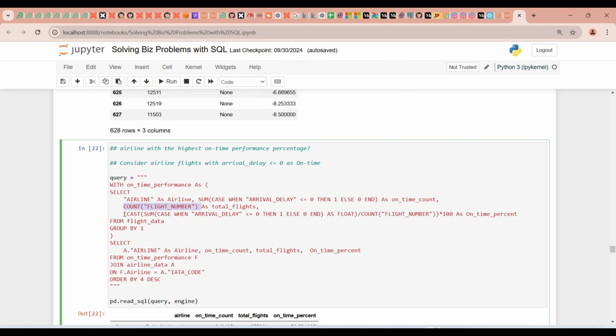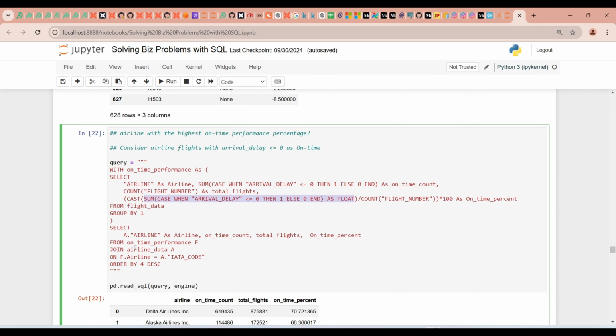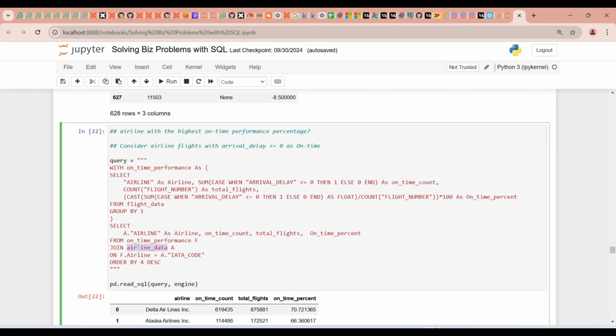So that's what we are doing on this third line, where we cast the figure as float divided by the number of flights for that airline. Then we join the information with the airline data so as to know the name of the airline.